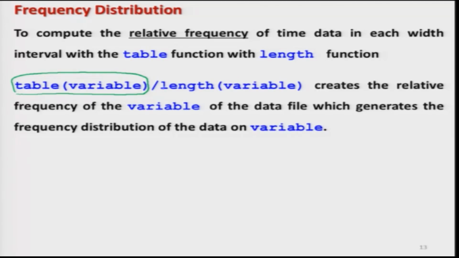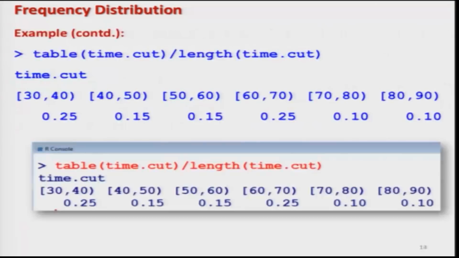Now, I will divide it by the length of the variable. The length of the variable is simply the number of observations present in the data vector, and once you do it, you will get the frequency distribution with respect to relative frequency. So, if you look here, I have obtained the frequency distribution with respect to relative frequency.